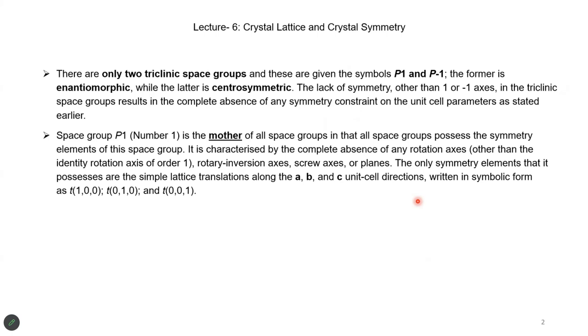We have also discussed the stereographic projection of point groups with some examples of molecules. Now we are coming to space groups.